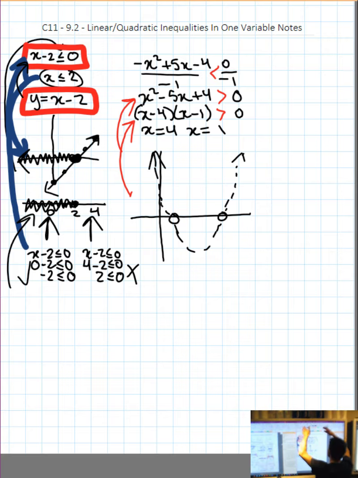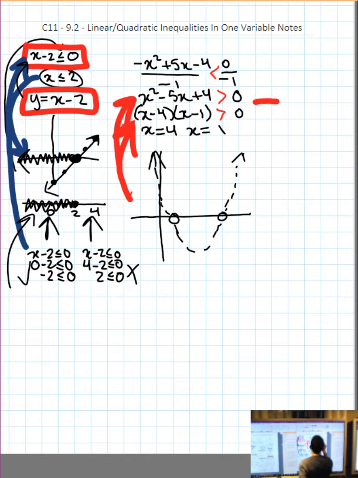I know there's still no y involved, but we're introducing what's equal to 0 on a graph, like we just did off to the left very slowly, to ask ourselves, when is the graph true? So, when are these big red equations greater than 0?